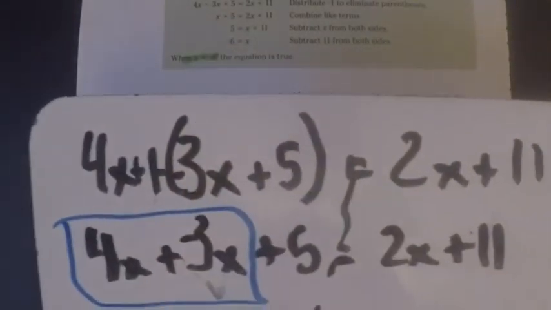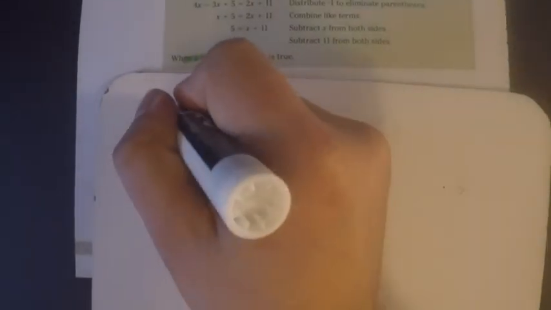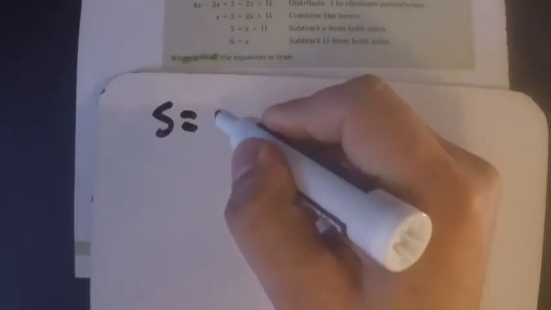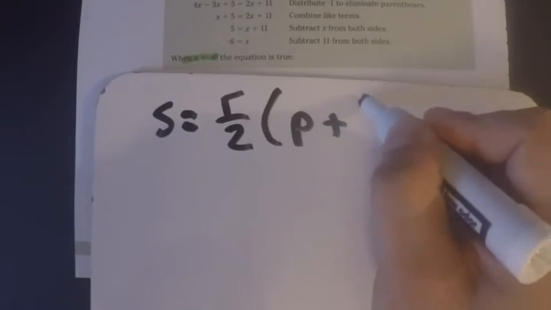So I'll go through how we do that on this whiteboard here. So we start with our equation, which is s is equal to r divided by 2 multiplied by p plus t.